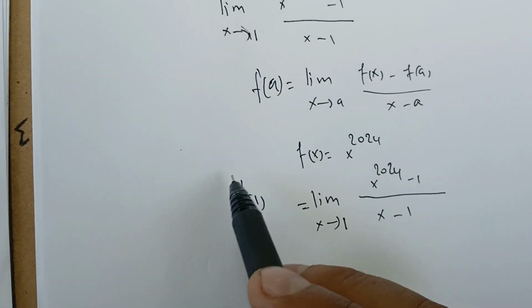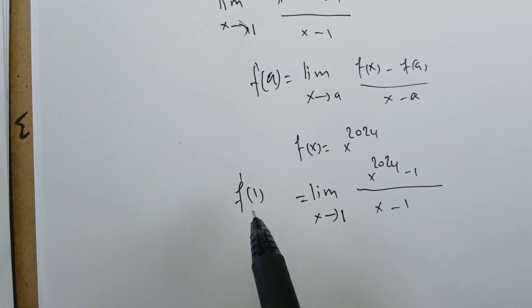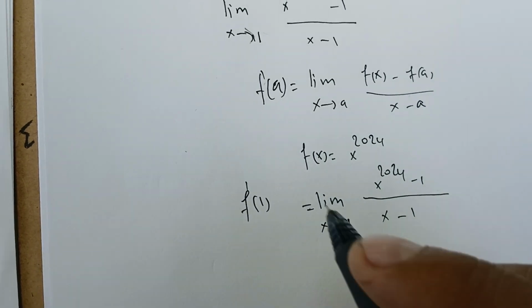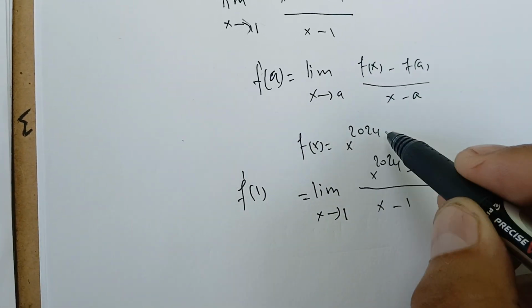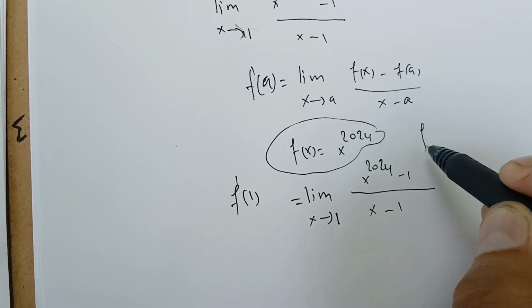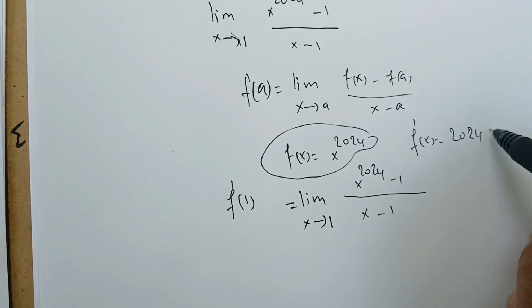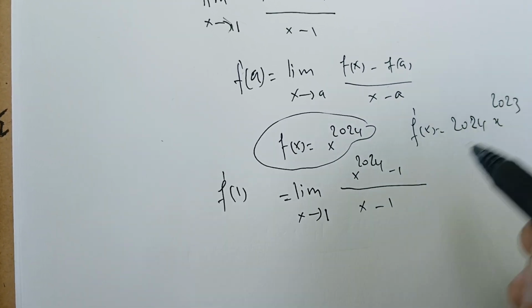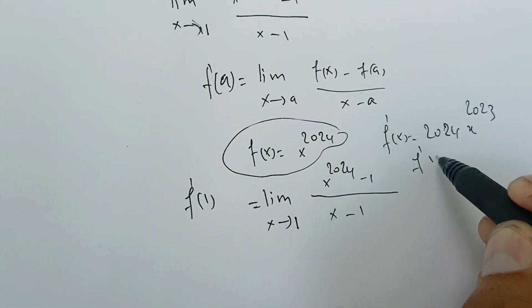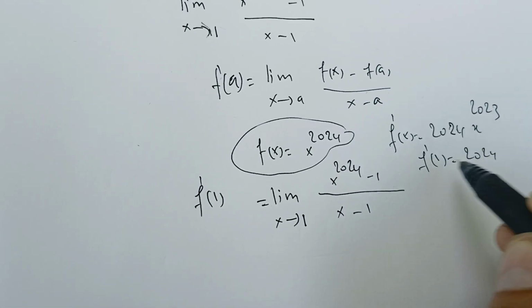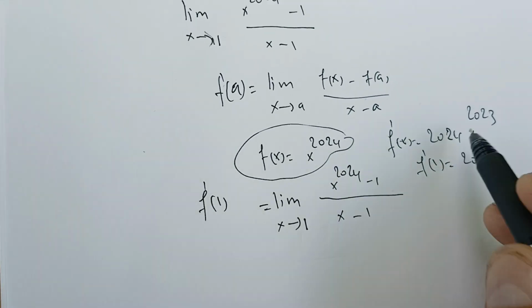So we know this limit here if we know how to differentiate this one. This f prime is 2024 times x to the 2023. So f prime of 1 is just 2024. We plug 1 here and we get the result.